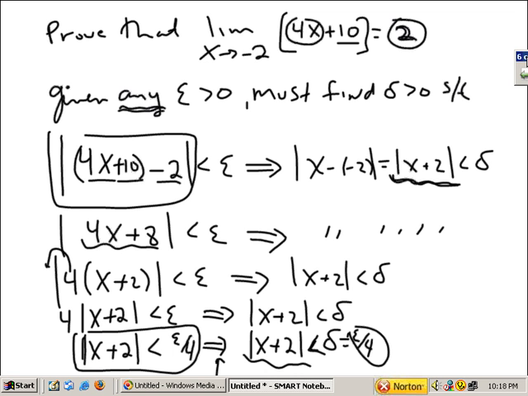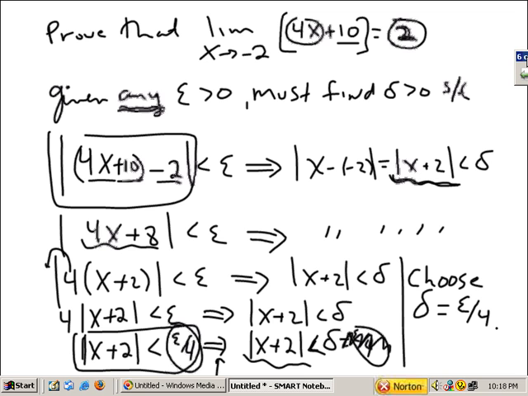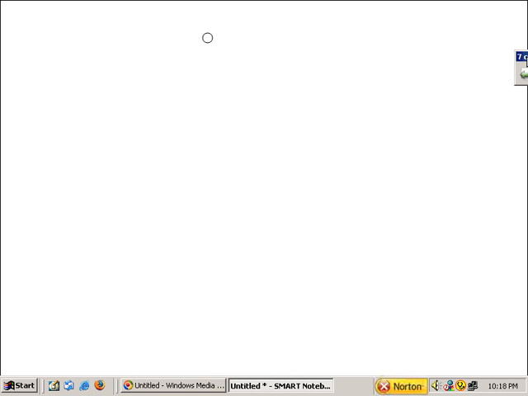Absolutely. Okay, so the last line, and I run out of room, the last line should be choose delta to equal this, epsilon over 4. Okay. Let's do one more. This one's going to be a little bit harder. See if I remember how to do this one.